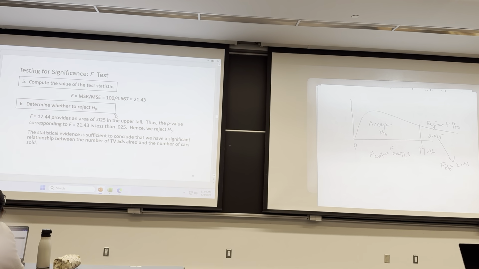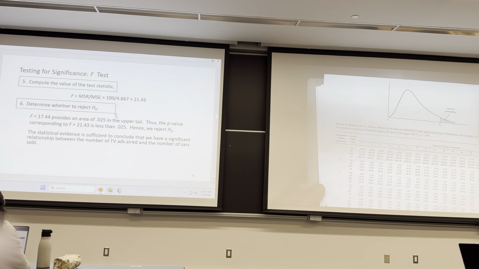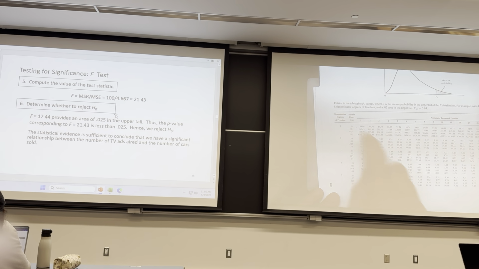Your F observed is going to be 21.43. Now what's the p-value? We won't be able to get a precise answer, but we can have some approximate answer, and that you can just see over here. So 1 and 3 degrees of freedom. Try to look at 21.43.